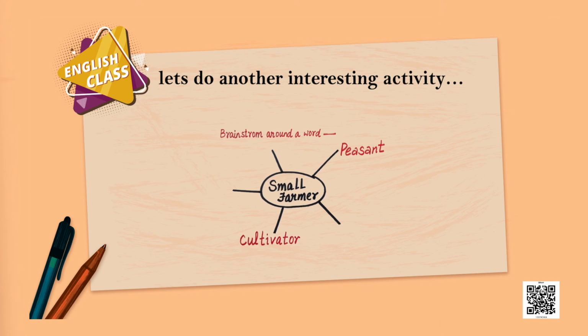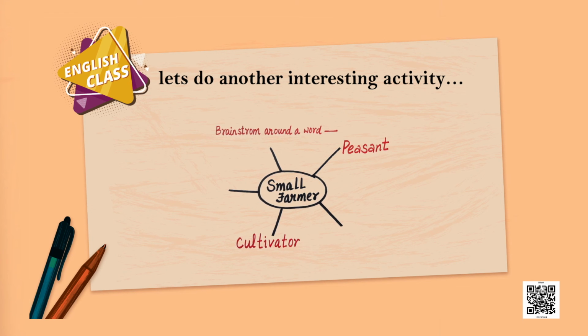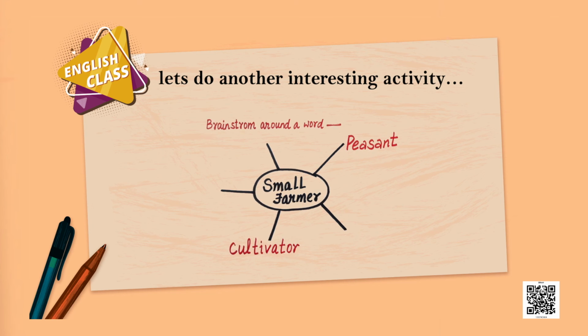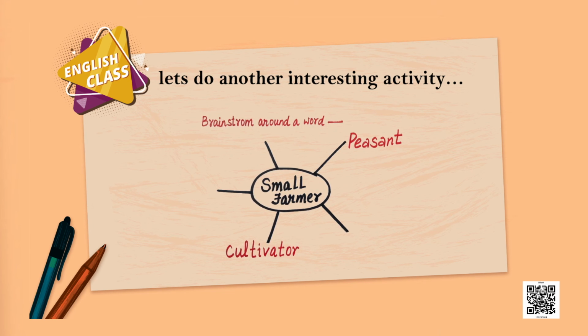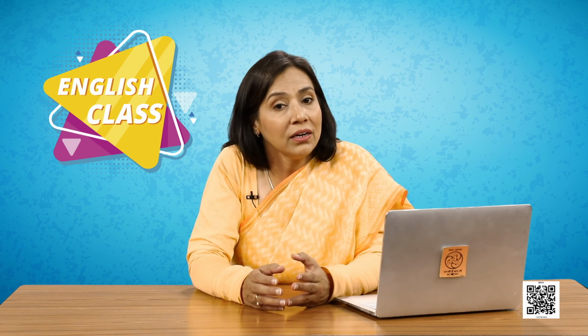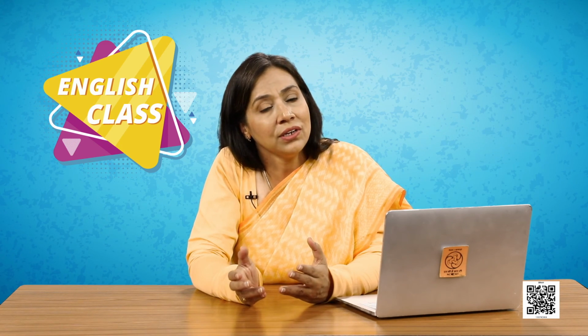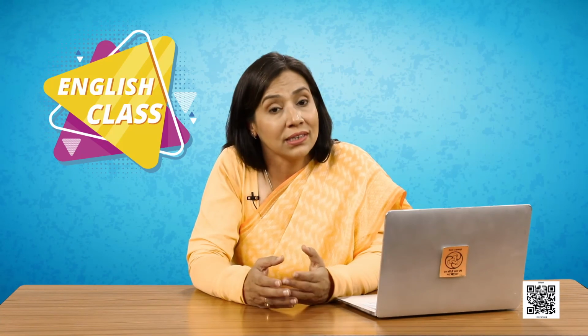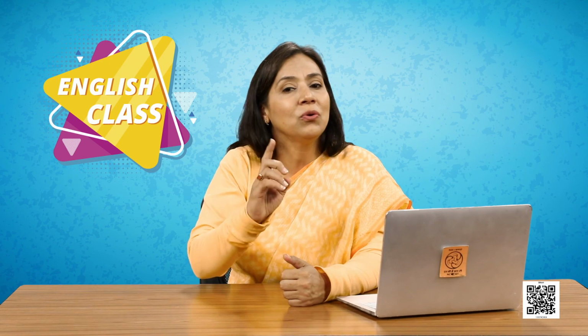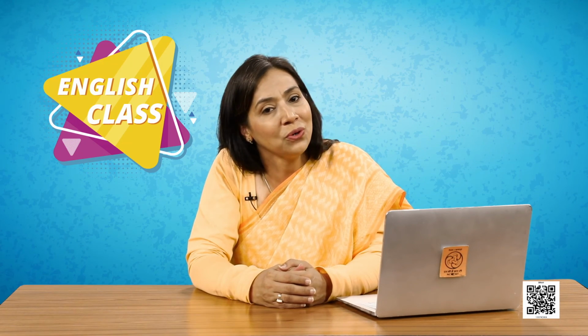You have to complete this brainstorming activity around the words a small farmer so that you get a sun ray effect as shown on the screen. Like in our country, we can have another name for small farmer like Kisan, agriculturist. Now, I am not going to tell further. The rest is for you.